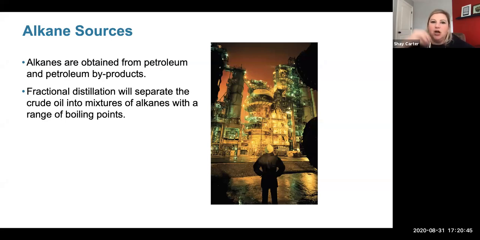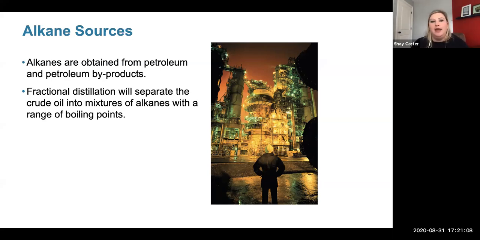They have these large towers, and these large towers are giant fractional distillation columns. You'll be learning more about fractional distillation in lab, hopefully. Fractional distillation is where we're boiling something at the bottom, and we have a giant column that cools off as it gets taller.